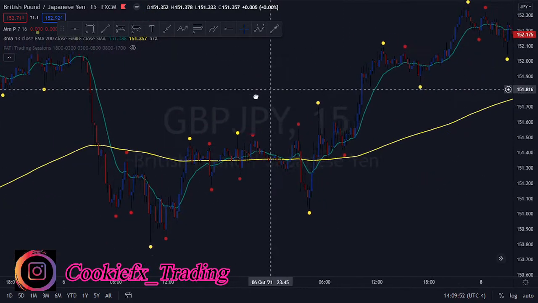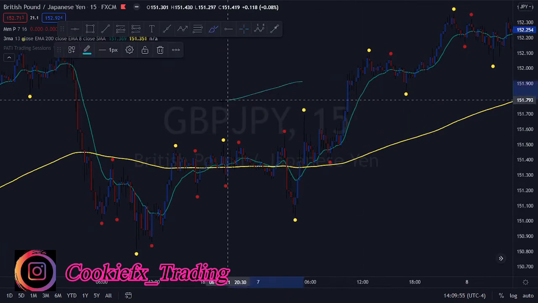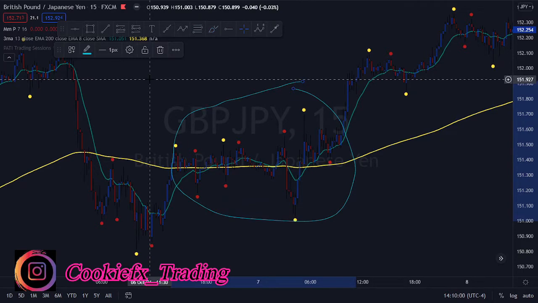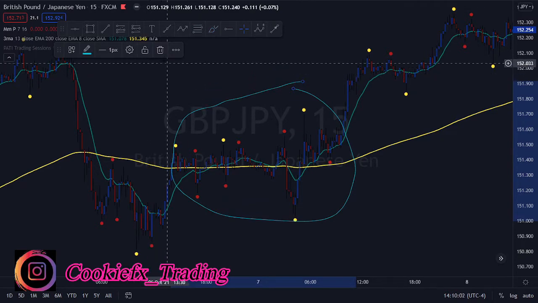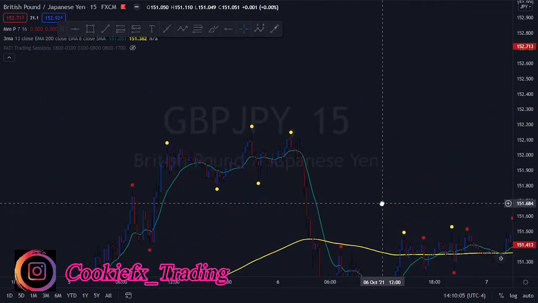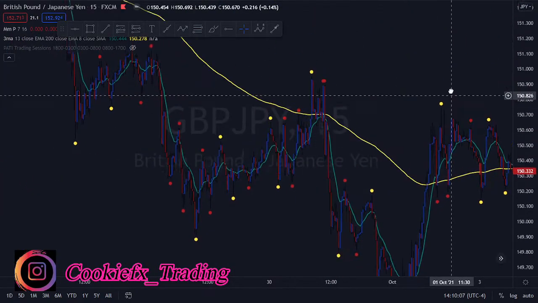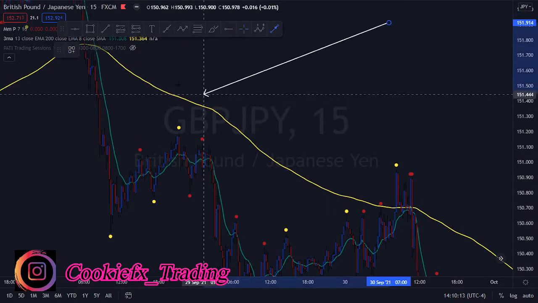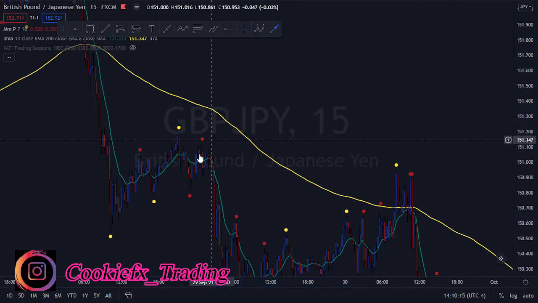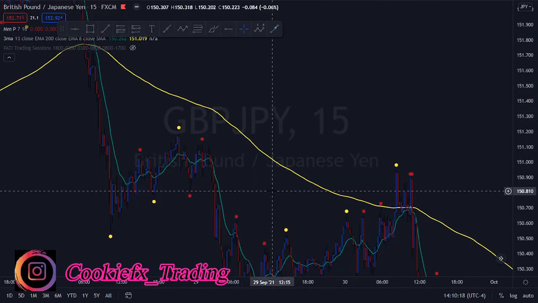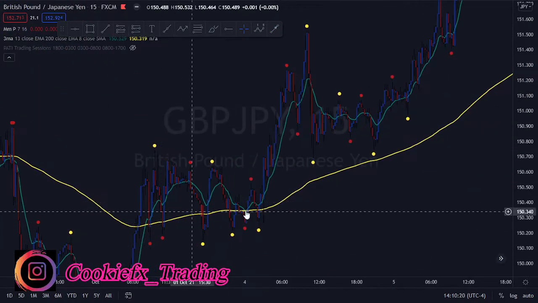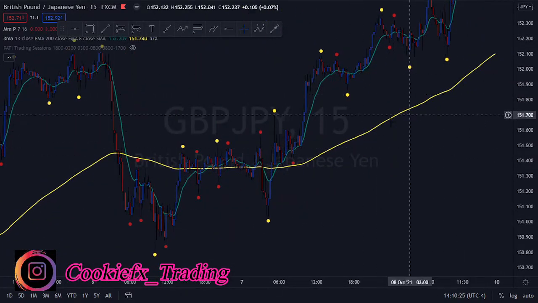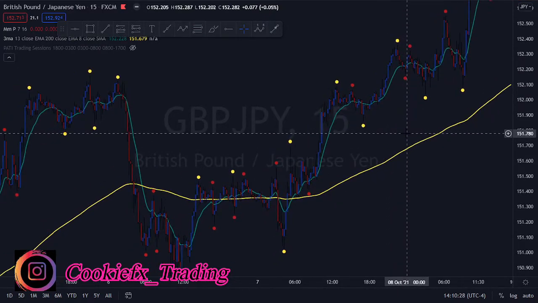When it's crossing through the candlesticks like here, you're in a consolidation, with no clear direction. When it's crossing above like this, you're in a strong bearish trend. So keep that in mind: through the candlesticks is consolidation, underneath is a strong bullish trend, and above is a strong bearish trend.